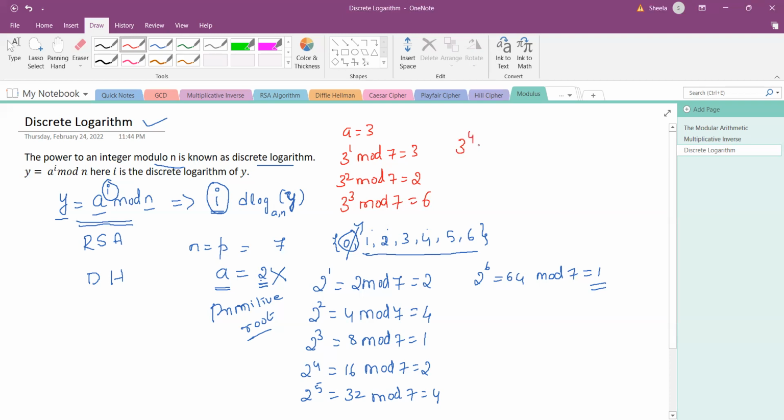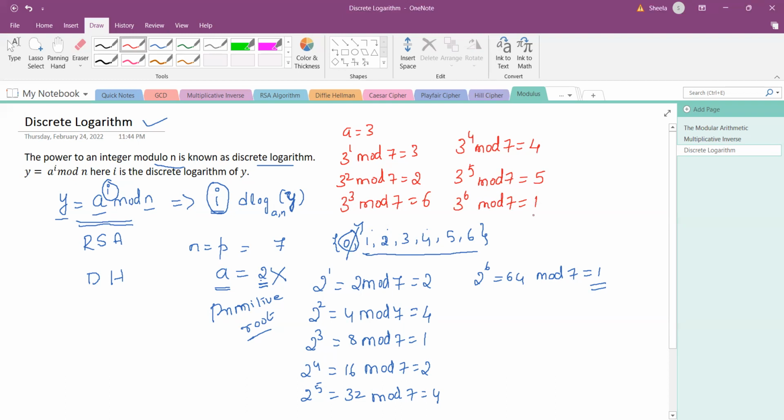Then 3 raised to 4 mod 7 is 4. Next, 3 to the power of 5 mod 7 is 5, and 3 to the power of 6 mod 7 is 1.